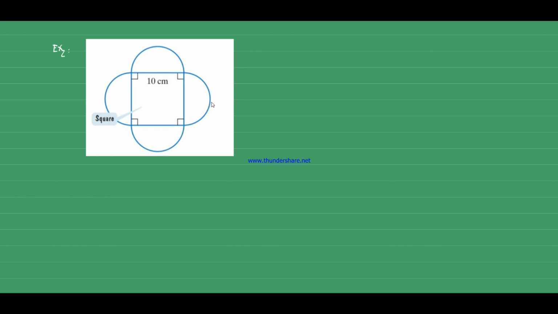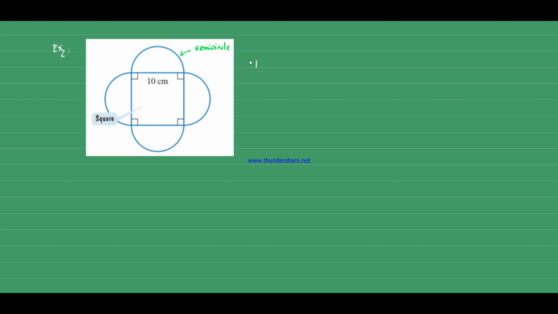Now we want to find the perimeter. The perimeter of this shape is all the curve right over here. Add them up, and each one is a half of a circle, a semicircle. So if you add all the semicircles, then you have the perimeter.